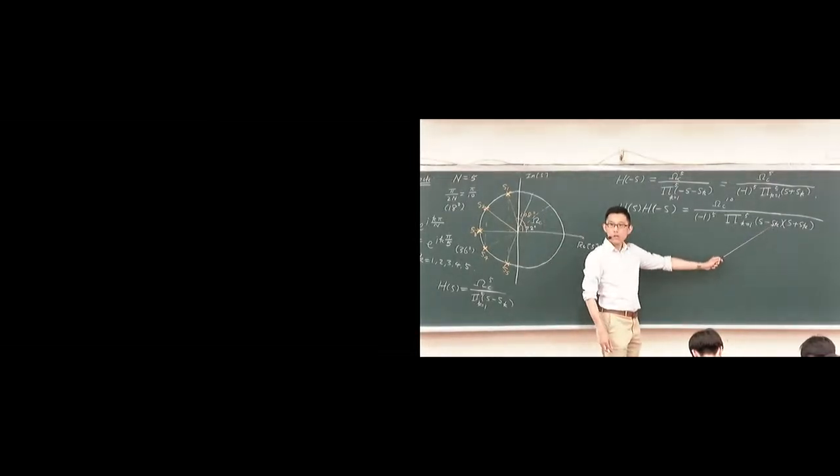And where are its 10 roots? The 10 roots are located at S1, S2, S3, S4, and S5, and 5 additional roots at minus S1, minus S2, minus S3, minus S4, and minus S5. 10 roots.